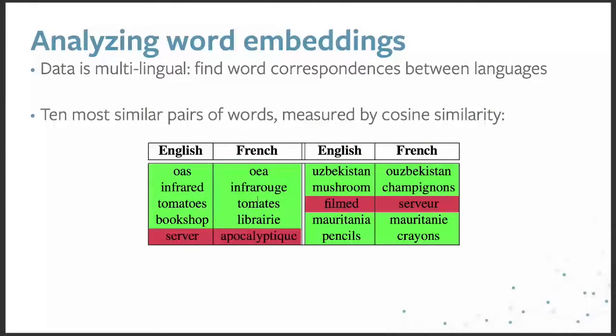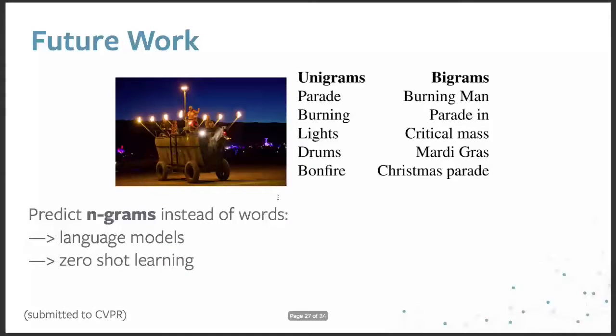We basically get relatively good scores, not top 1, but top 5. Examples of what we can learn: infrared, tomatoes, libraries, the top 10 cosine products. So it's mostly the concepts that are visually significant.